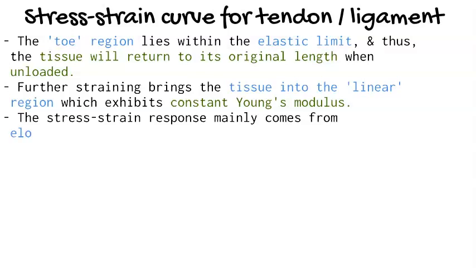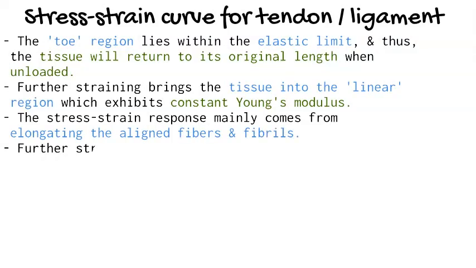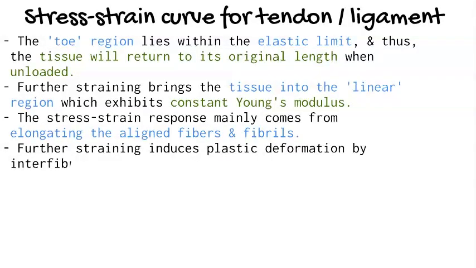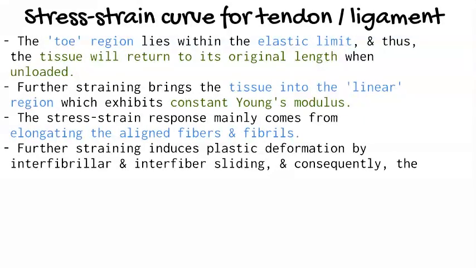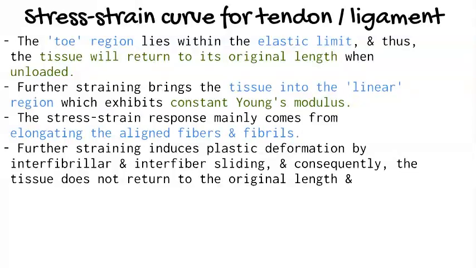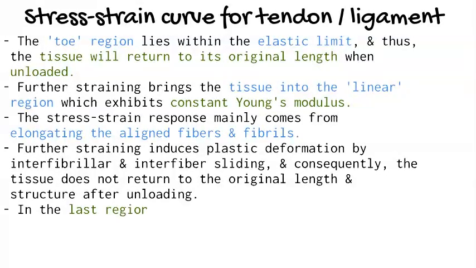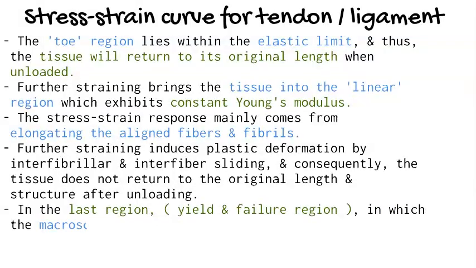The stress-strain response mainly comes from elongating the aligned fibers and fibrils. Further straining induces plastic deformation by interfibrillar and interfiber sliding, and consequently, the tissue does not return to the original length and structure after unloading.